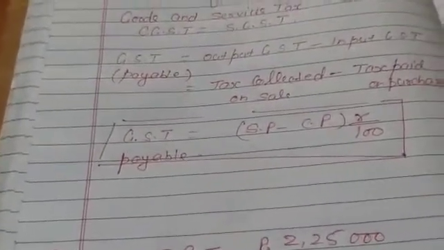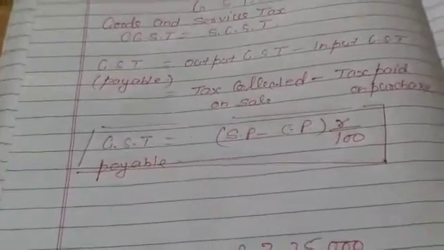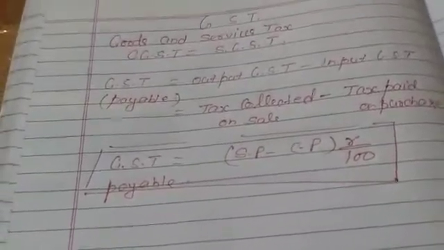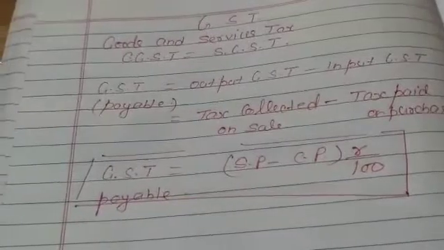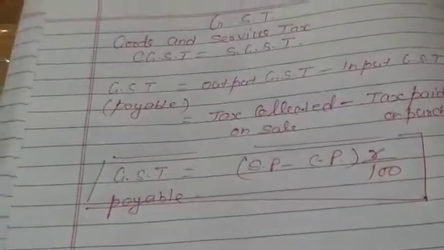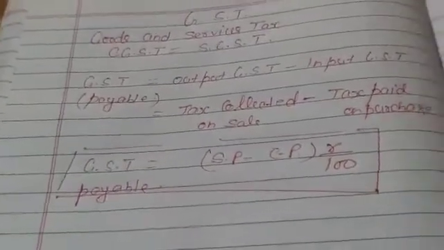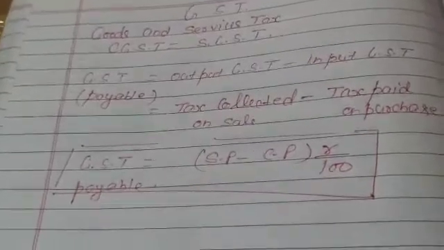Hence, the GST payable is calculated by the formula output GST minus input GST.